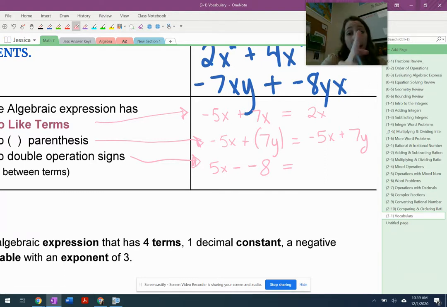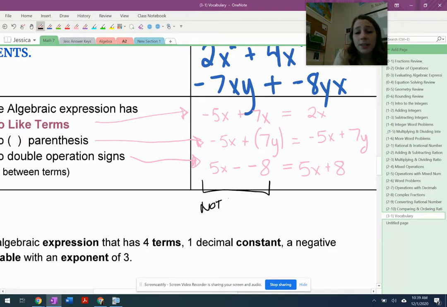I can only have one operation sign in between terms. So that minus the negative, when you add the opposite back from unit 1, that negative negative turns into a plus. So these over here are not in simplest form, and these pieces over here are in simplest form.